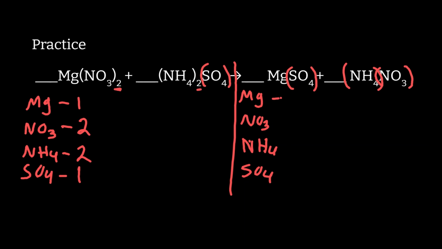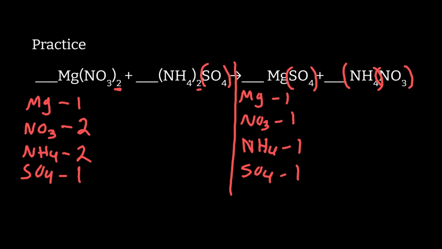On the product side, I have one magnesium, I have one unit of the NO3, I have one unit of the NH4, and I also have one unit of the SO4. So our NO3 and our NH4 are going to need to be fixed for our number of units. Now, luckily for us in this reaction, we need to fix the product side first of our NH4 and NO3.